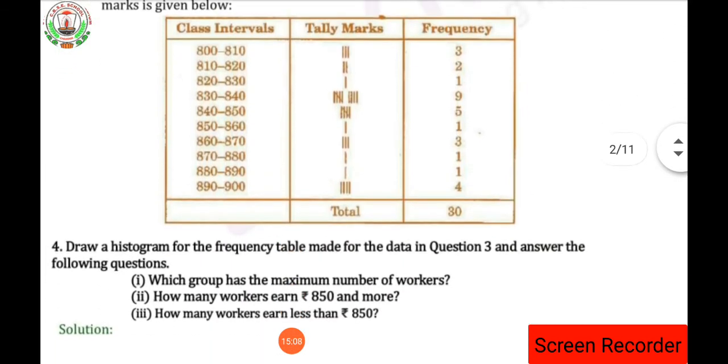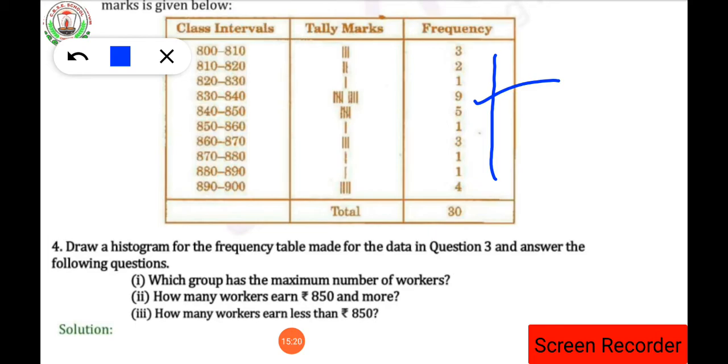So which group is having the maximum number of workers? We can see the frequency, and 9 is the maximum. So the class interval we are going to get is 830 to 840, the largest frequency. Here we can see the maximum number of workers.